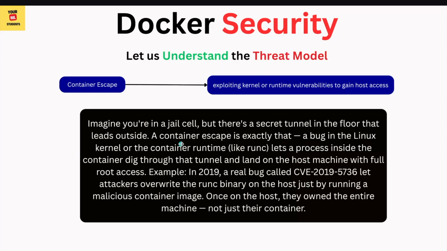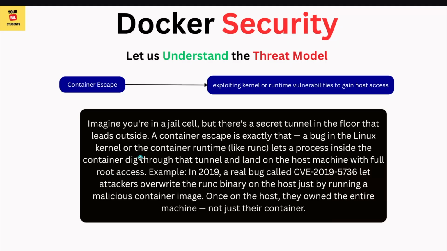A bug in the Linux kernel or the container runtime like runc lets a process inside the Docker container dig through the tunnel and land on the host machine with full root access.